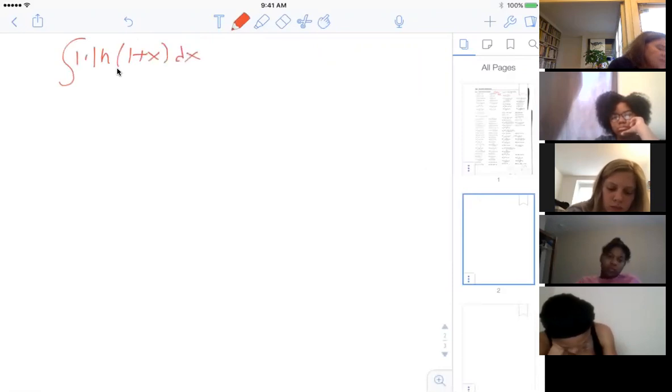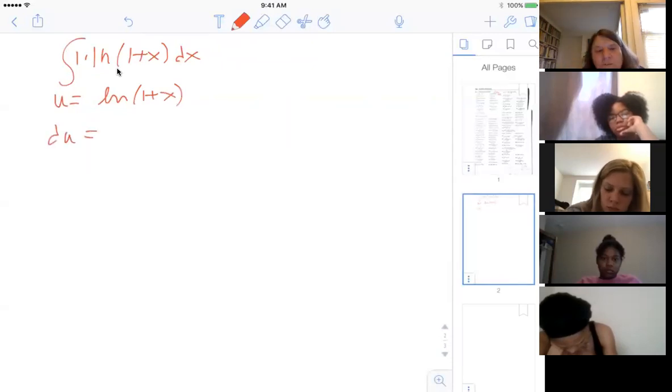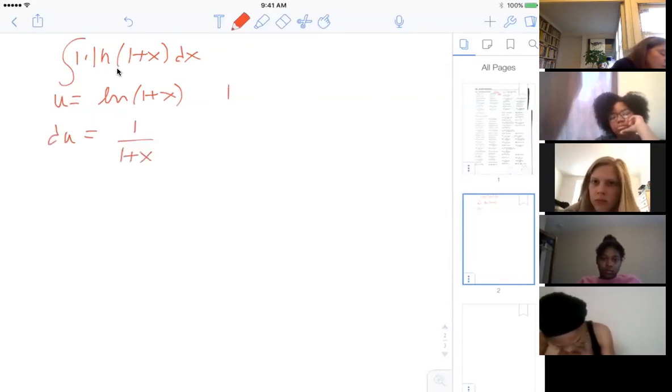I understand there's a 1 there, and I don't know what else to do with that. There's nothing else to do. If I let u be log 1 plus x, it'll make du easier. What is du for that one, guys? What's du? 1 over 1 plus x? What's going to let you dv then be?